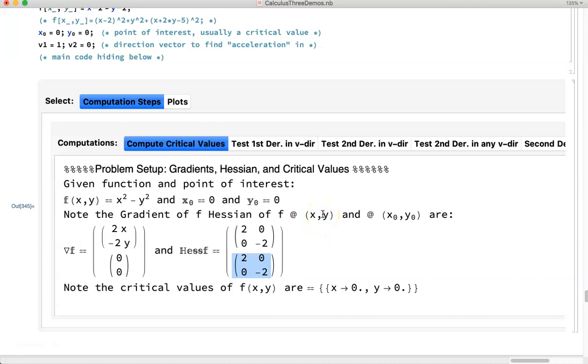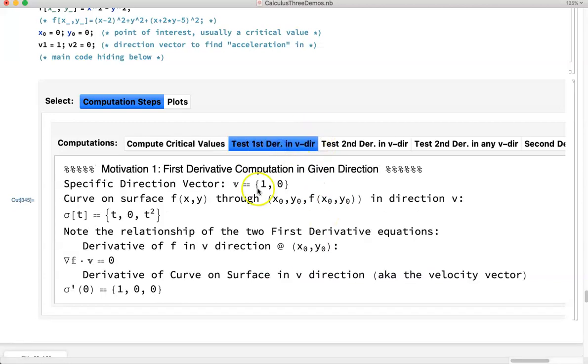Now, we're familiar with the idea of taking the gradient dot producting with the vector to get the directional derivative. And we know that somehow this 0 shows up in the z entry of the direction vector for the tangent line, right?